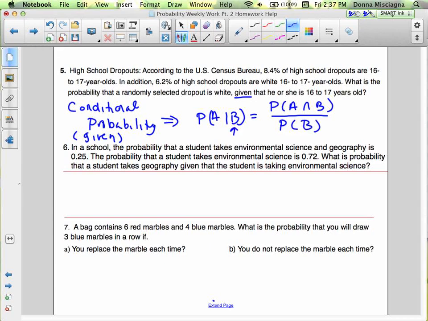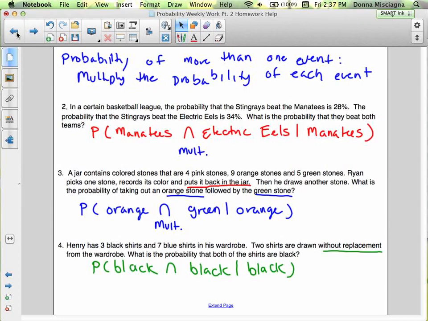Now you don't have to use the conditional probability formula back here when it's easy to change the sample set. When it's not easy to change the sample set, you would use the conditional probability formula.